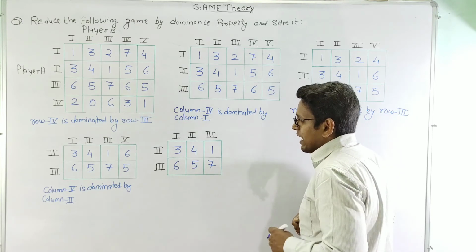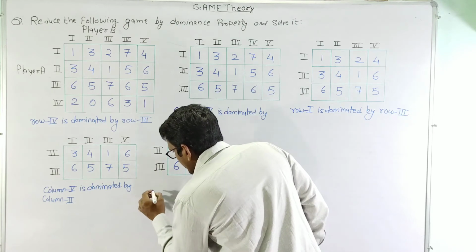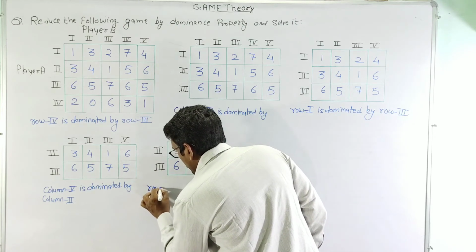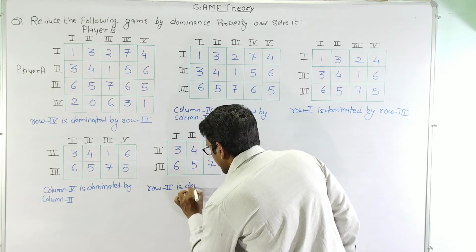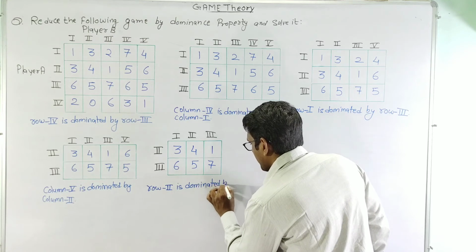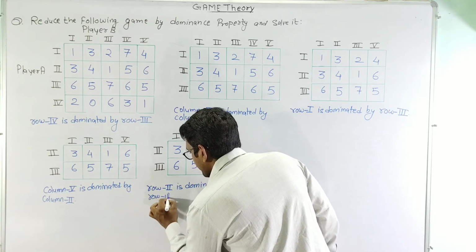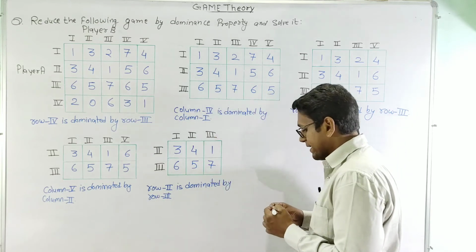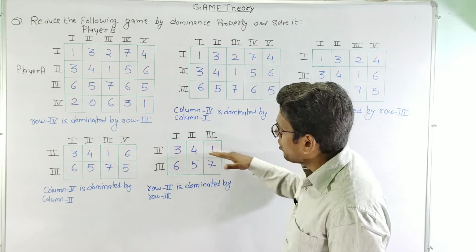So we can say that row 2 is dominated by row 3, and as a result of this, now we will eliminate row 2.